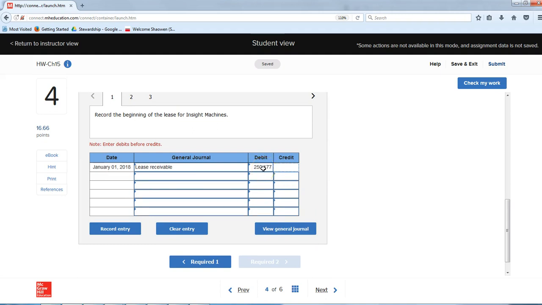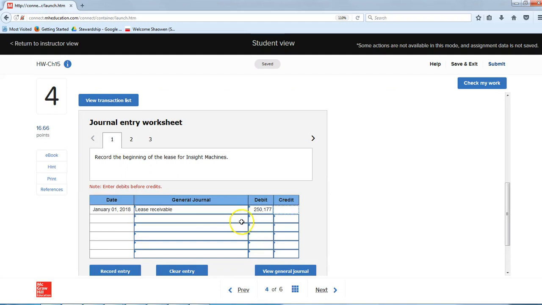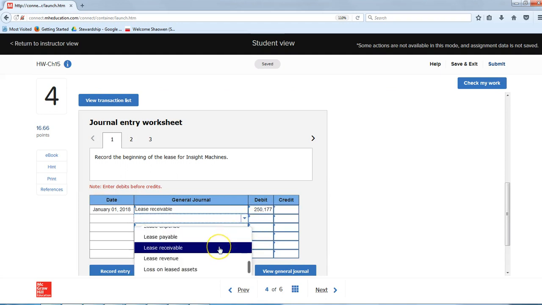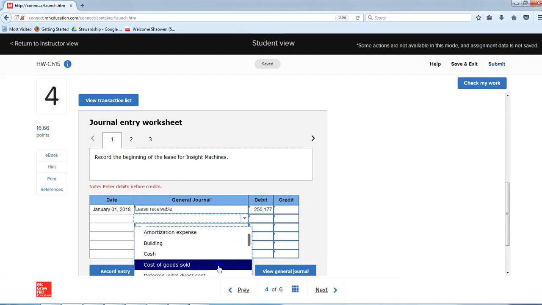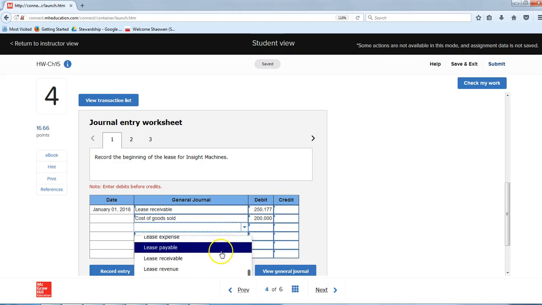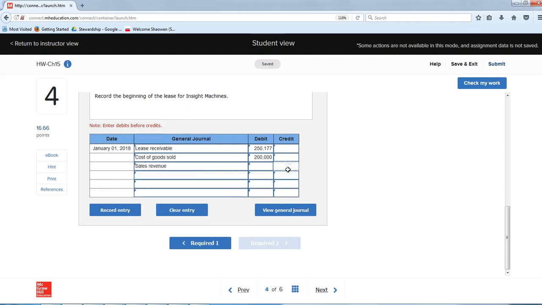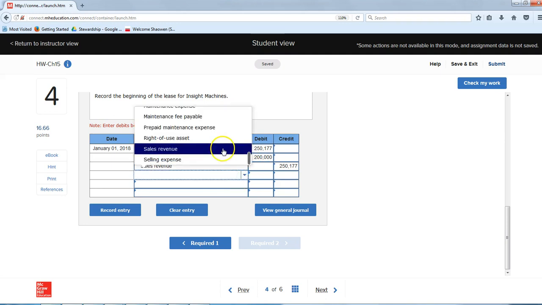But there is the cost of their goods sold. The cost of goods sold is $200,000. So $250,177 is the sales revenue, and cost of goods sold is the value of their equipment.